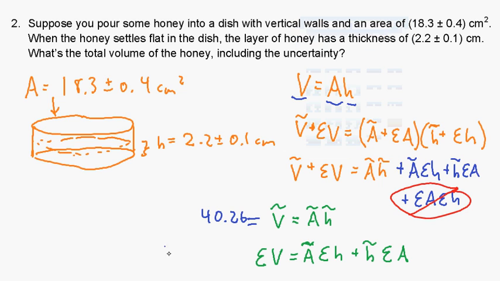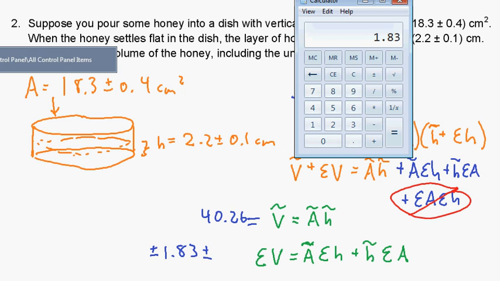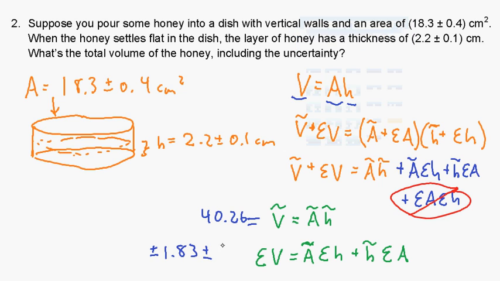So plus or minus 1.83 is this term here, and then plus or minus H squiggle error in A, so 2.2 times 0.4, 0.88. So what we get now is add these up, and you're going to get volume is 40.26 plus or minus the 1.83 plus the 0.88.